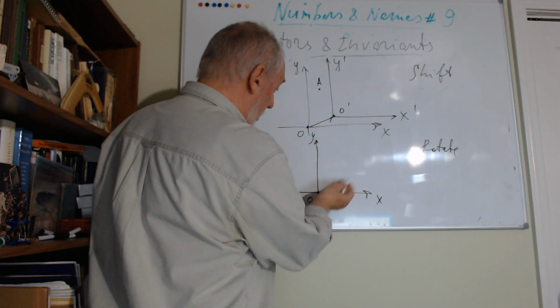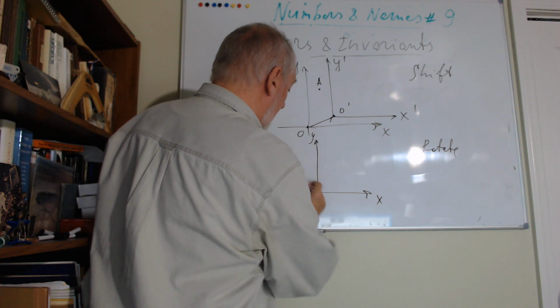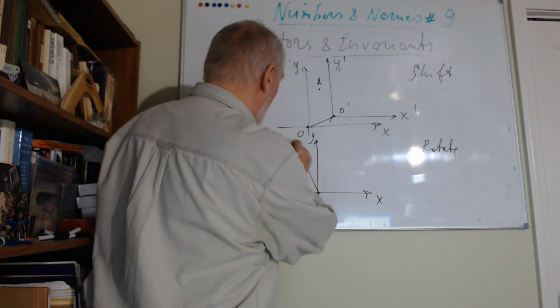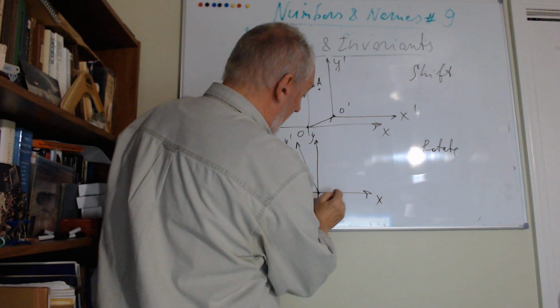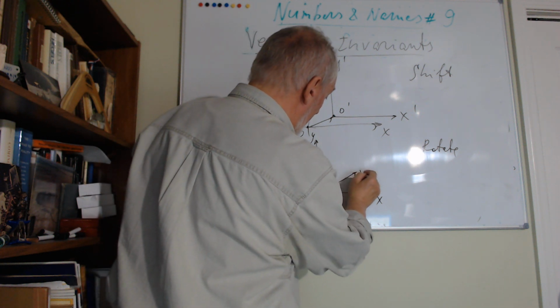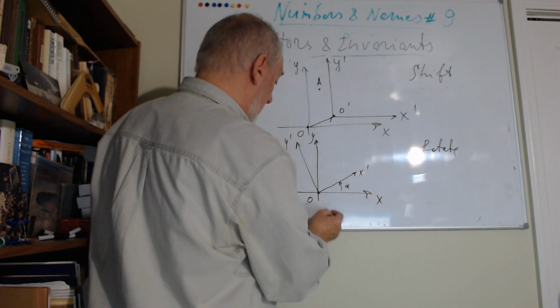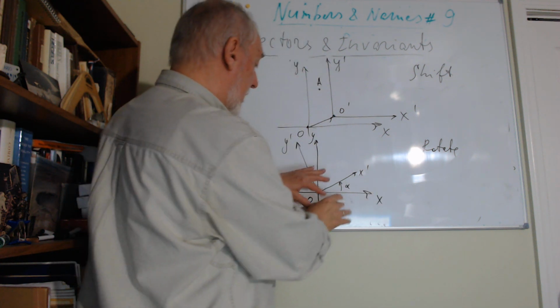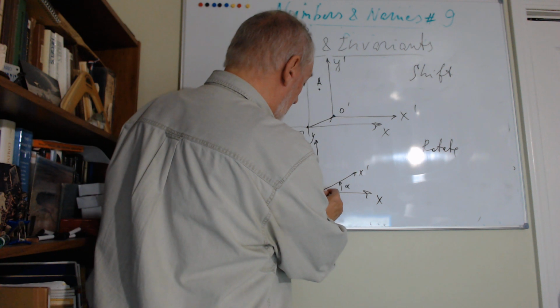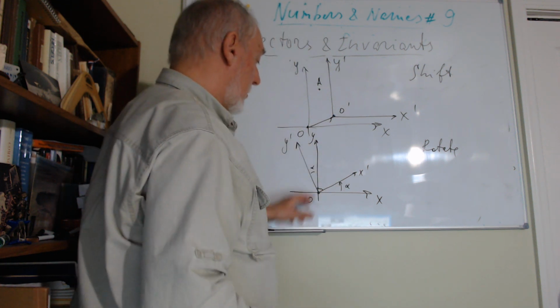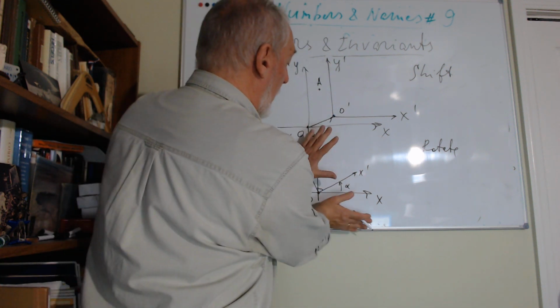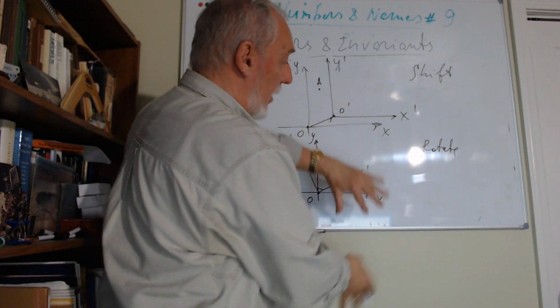Rotate. So this axis goes like here, y prime, and this goes like here, x prime. So this is angle alpha. This is the same angle, because they still should be at a right angle, both of these. So the whole thing just rotated this way or that way. This is called rotation.